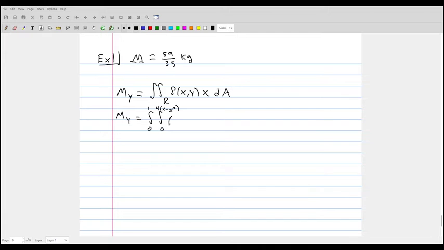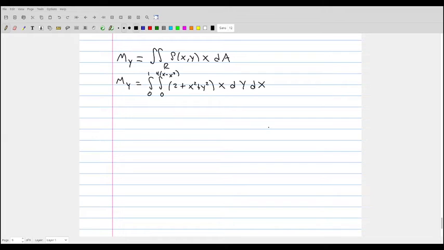And our density function was 2 plus x squared plus y squared, and dA is dy dx. Computing this integral will give us the y moment, which we need for the x center of mass formula.